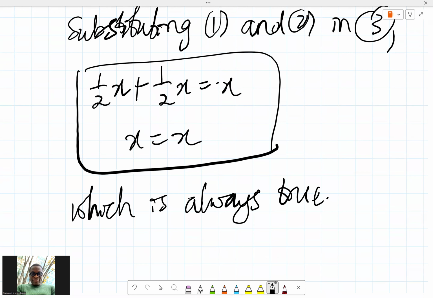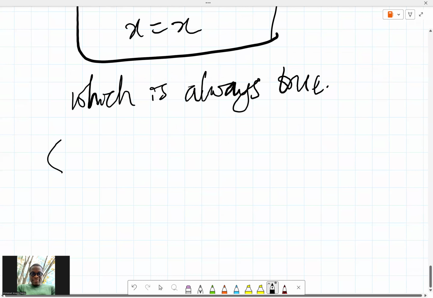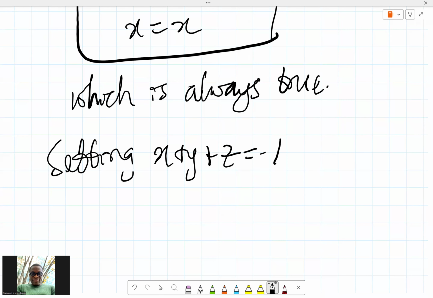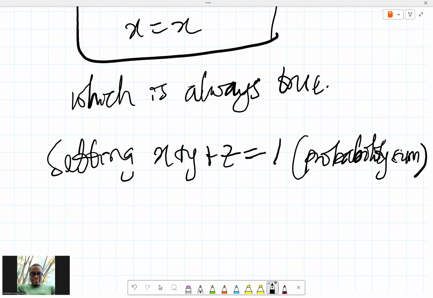So if we set x plus y plus z equals 1, that is actually the probability sum, right? Of course, I have a whole playlist on probability. You want to check that out. If you are dealing with probability, everything sums up to 1.